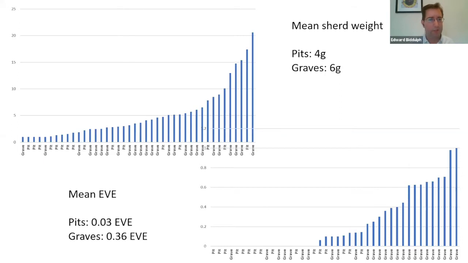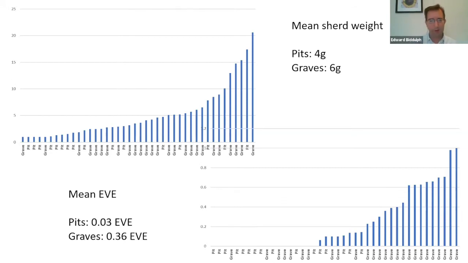It doesn't matter whether you find it complete or find it smashed to smithereens. It'll always be 1 Eve or 100%. So it's very useful.